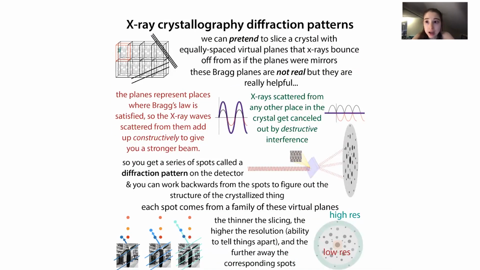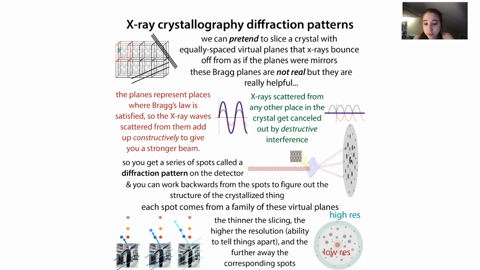So if you had a super perfect, well-behaving, immaculate crystal, the resolution would be limited basically by your detector. You could imagine even higher resolution data that wouldn't hit the detector because it would be bouncing off at angles that wouldn't even reach it.